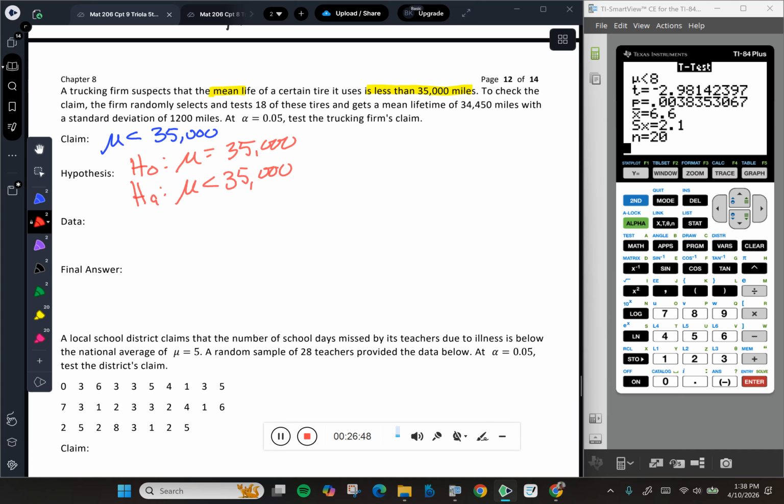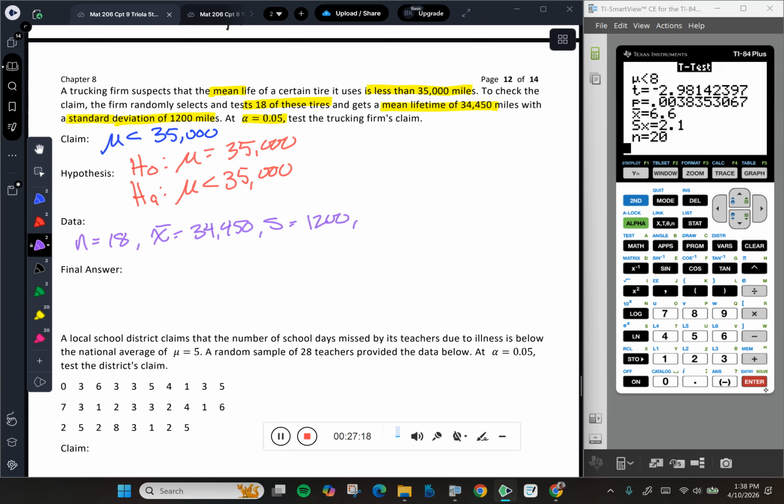So to check that claim, we're going to get some data. It checks 18 tires, mean life of 34,450 miles, with a standard deviation of 1,200 miles, at a significance level of 0.05. Test the trucking firm's claim. So my data is that N is 18, X bar is 34,450, S is 1,200, and we've got an alpha level of 0.05.